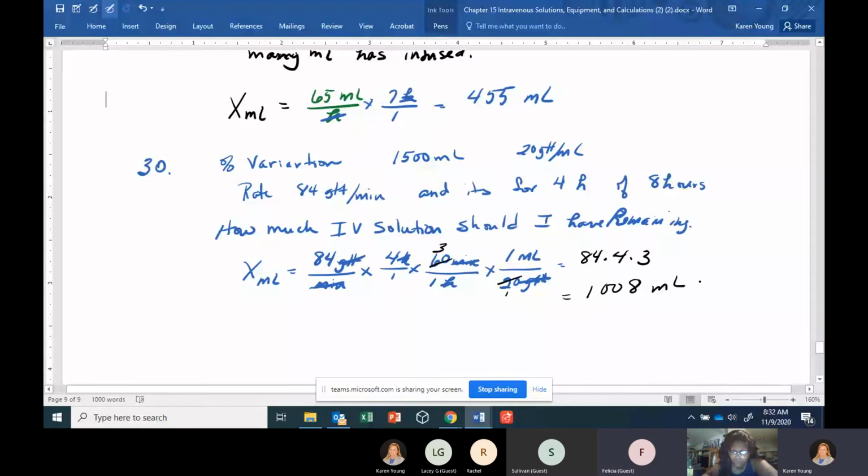And so it's running way too fast, because I'm more than halfway through my 1,500 milliliters. So that's one way you'd use the how much is remaining, and that's also how you solve it with drops per minute when you have a rate in drops per minute.